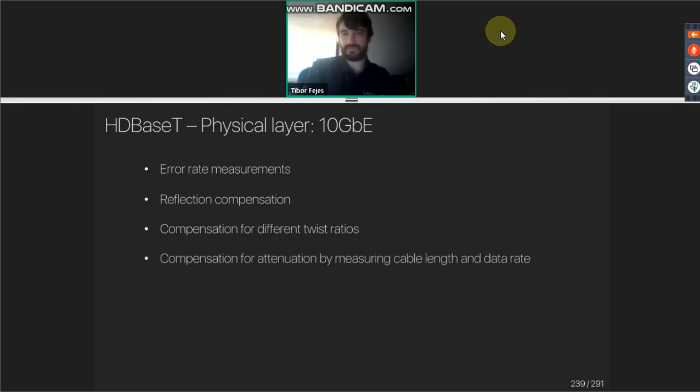Attenuation can be compensated for, as there is an inbuilt monitoring of cable length and data rate. Different pulse amplitude modulation is used. We will cover this, but it basically means that we can send higher data rates through the cable without increasing the frequency. And by leaving out the addressing information, we actually have more room in our packets for data, and our packets are simpler and faster to read and process.